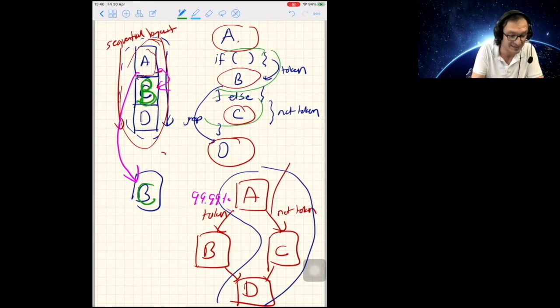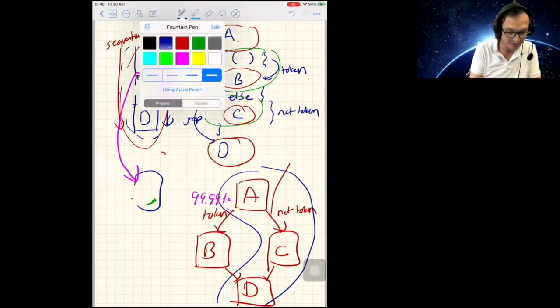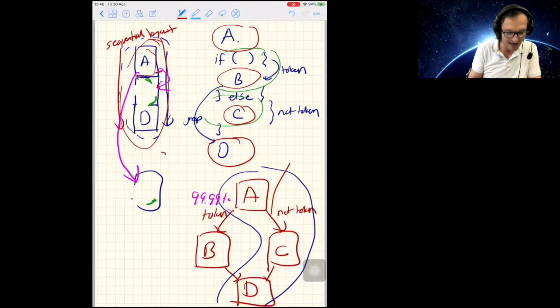Okay, that's the idea. So basically, the idea is to profile the code. Let me actually fix it over here so that you will see what the compiler does. The compiler figures out which path is the frequently executed path and lays out the code in memory such that the frequently executed path is the not taken path.